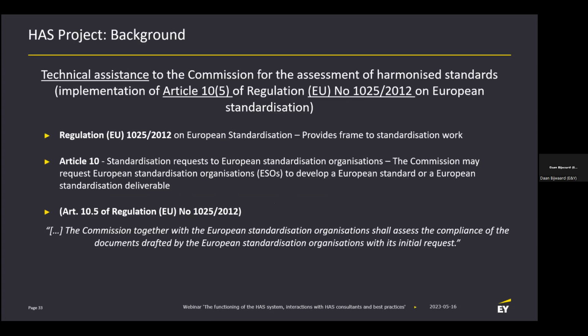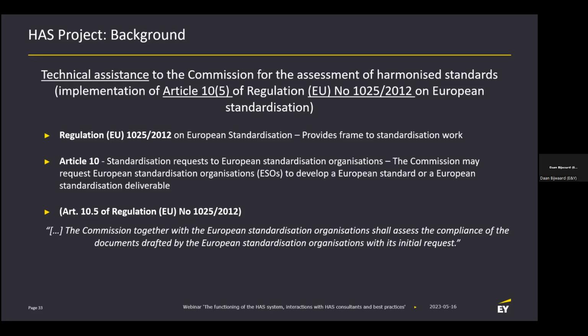So on the HAS project background, this was already mentioned by Federico. It's just a very high-level overview. The current HAS system aims to contribute to the clarity, quality, consistency and coherence of harmonized standards adopted by the European standardization organizations in reply to Commission mandates.